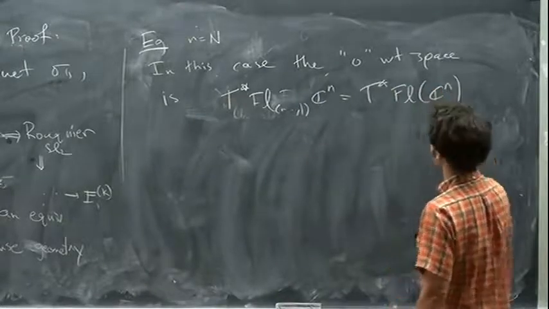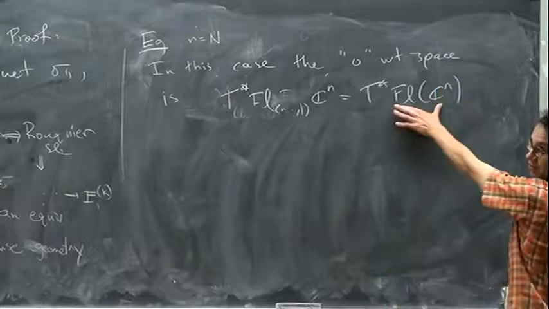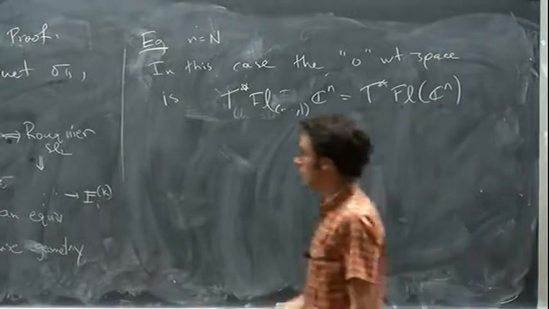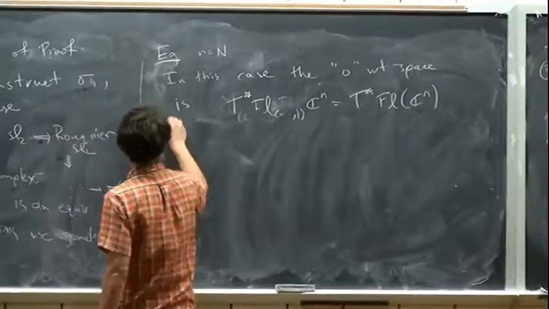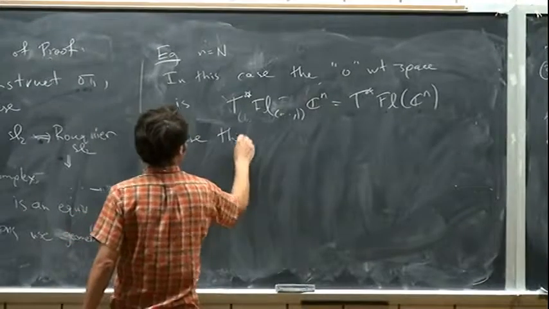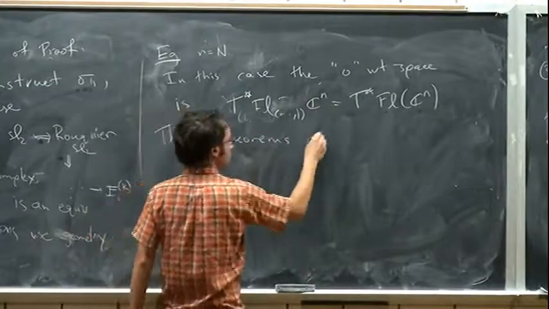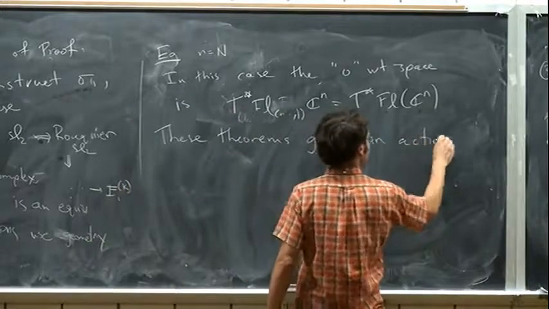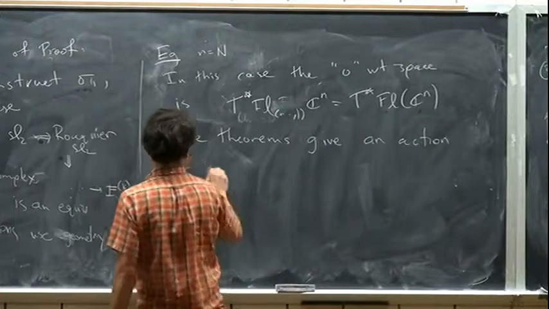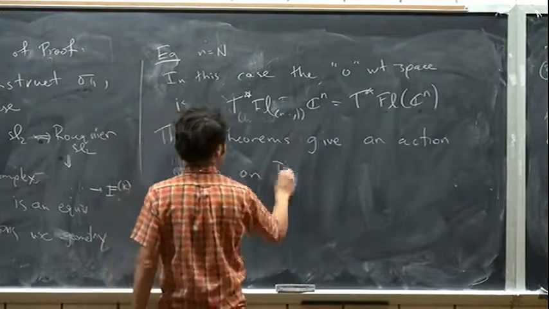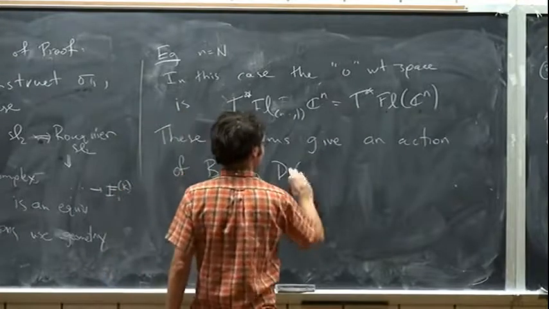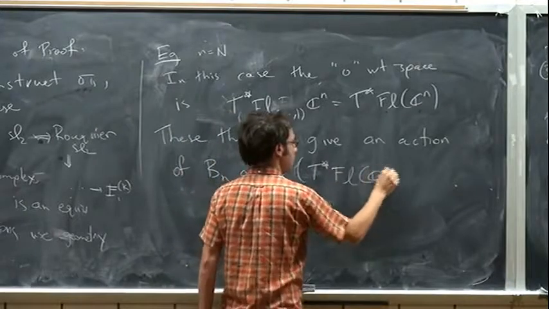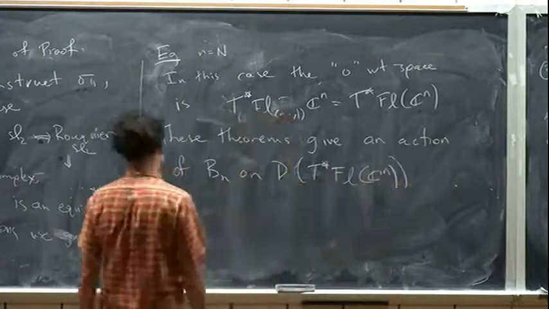It's the ordinary full flag variety in C^n. And so these theorems give an action of the braid group on the derived category of coherent sheaves on the cotangent bundle of this full flag variety of C^n. And this action was previously constructed.